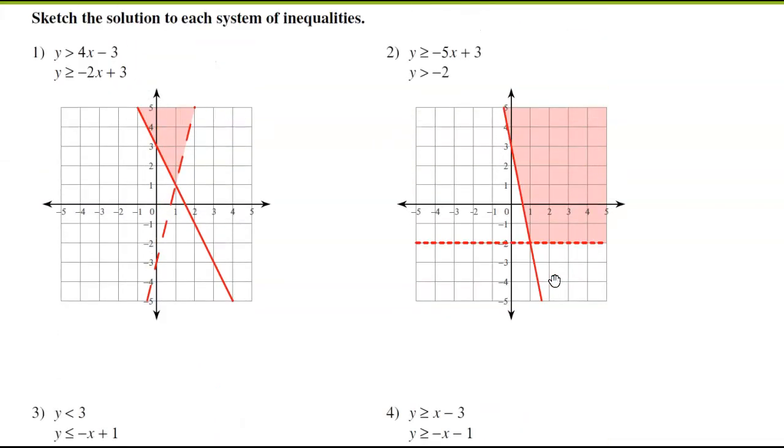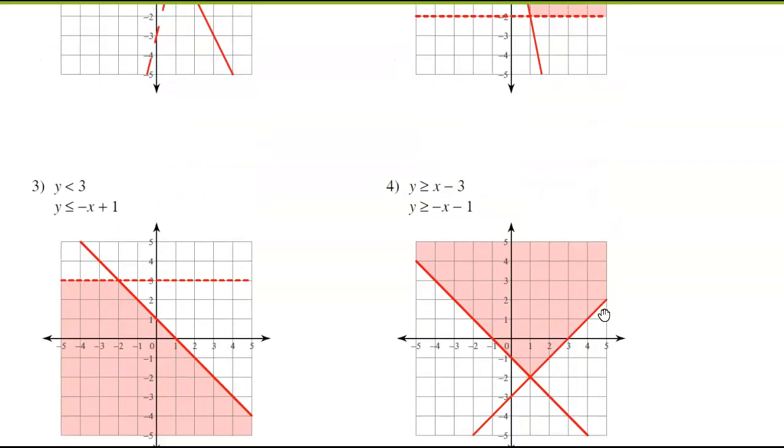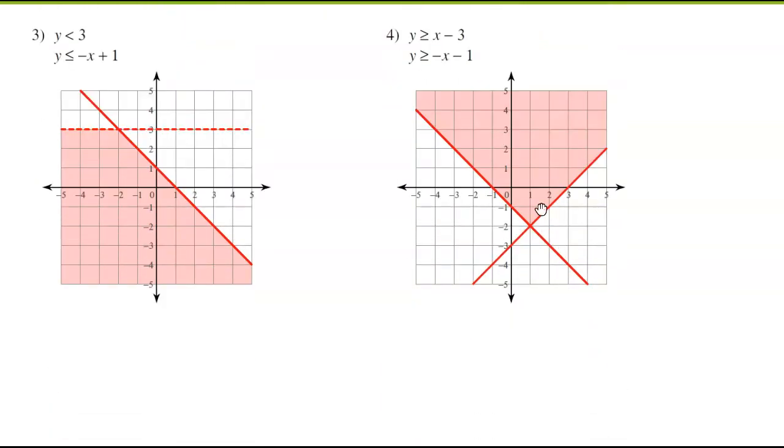Okay, sorry, didn't realize you couldn't see until just now. So here's 1 and 2. Jumping down to 3 and 4, that's the example I was referencing, where you have a horizontal and dashed, solid and shaded below.